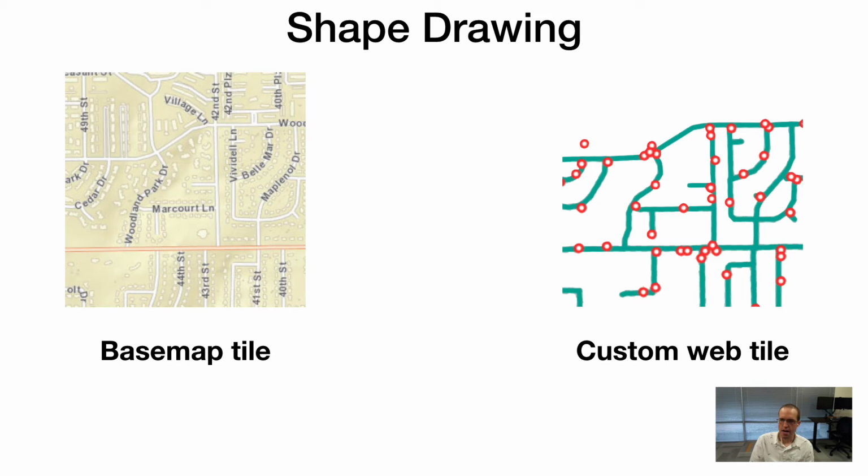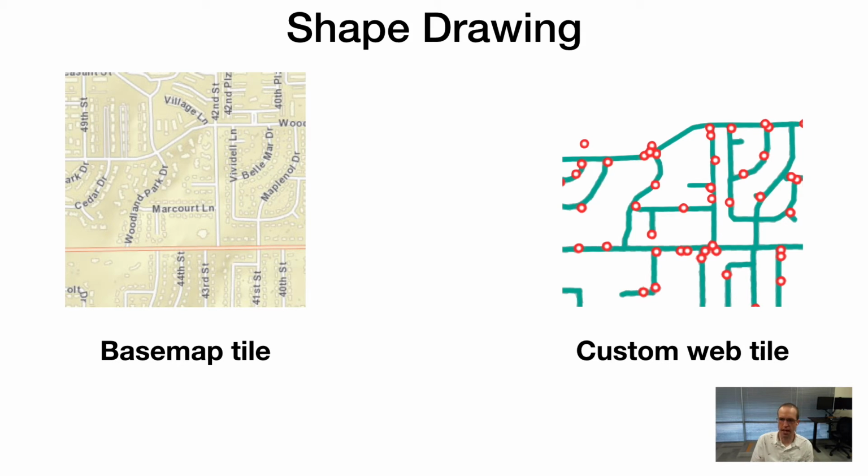Our server implements a get tile endpoint, and what we do is we do a spatial query against our database for the assets that are within that tile area, and then on the server we create a transparent PNG, and on that transparent PNG we draw our assets.